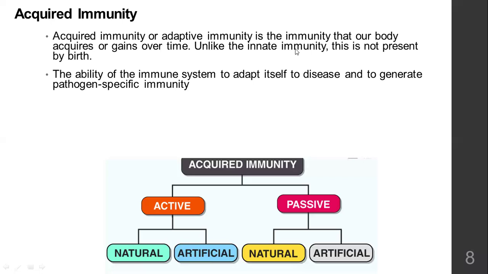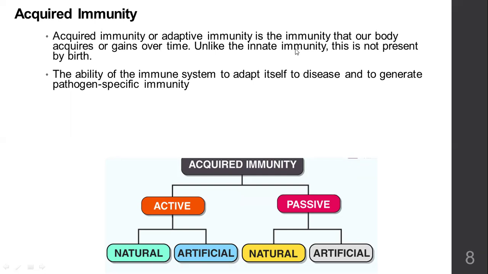The antibodies that your body has made for hepatitis will not work for rubella or polio. So it is pathogen specific. It will identify who and what, and according to that it will create the antibody.